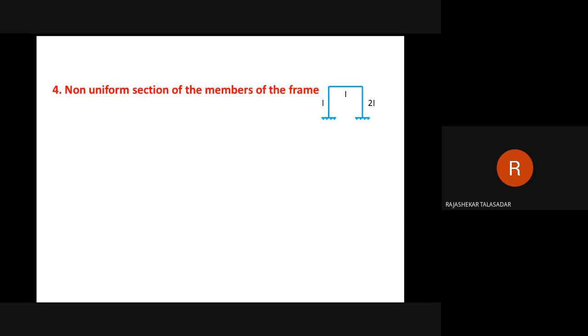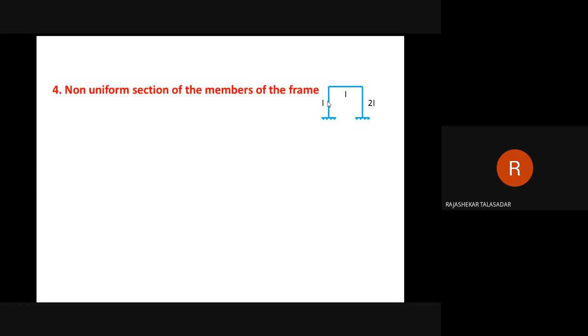Next reason: non-uniform section of the members of the frame. For example, here the end conditions are the same, because of that there is no sway here. But this column has I and this column has 2I. The moment of inertia values for both columns are different. Means this column size and this column size will be different.